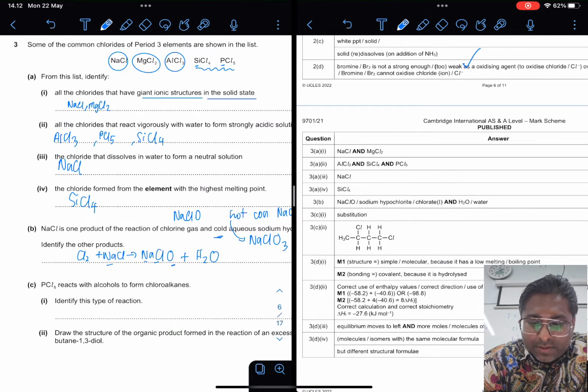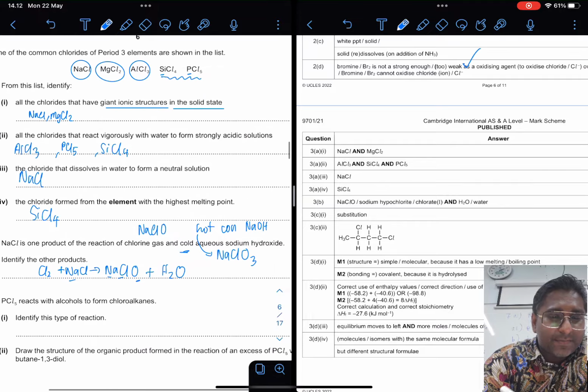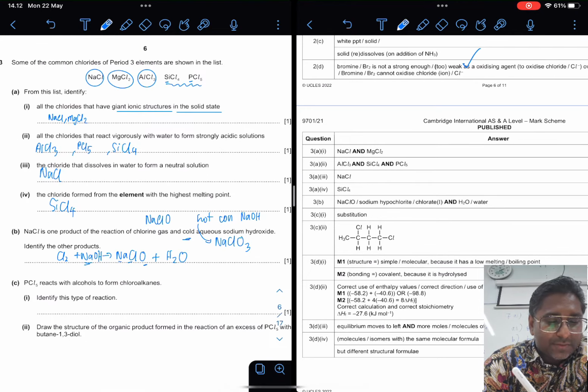From the sodium hydroxide. Sodium hydroxide is not sodium chloride. So you get NaClO plus H2O. Then only we can remove the hydrogen.